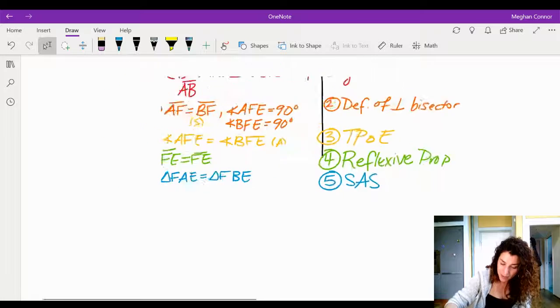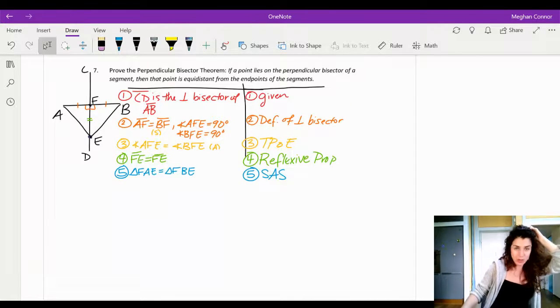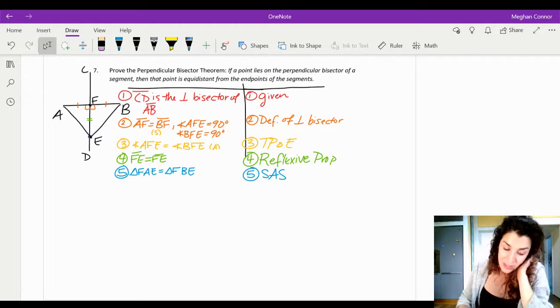But that's not what I want to prove. What I want to prove is that AE and BE are equal to each other, always. And I can do that now because I've said that those triangles are equal. So now I can use CPCTC.